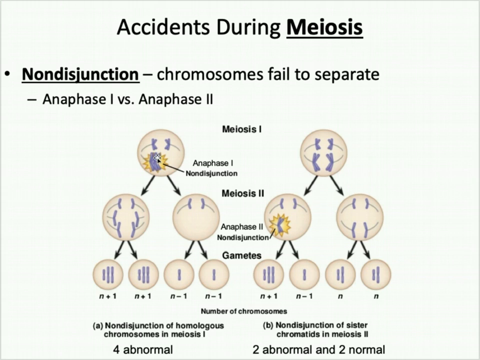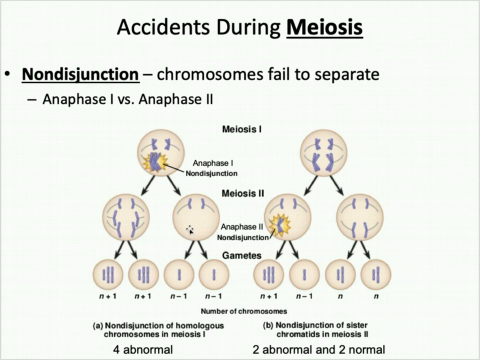Now it goes through Meiosis 1, it finishes, and it enters Meiosis 2. These chromosomes will go to this daughter cell, and this chromosome will go to this daughter cell. In Anaphase 2, all the chromatids separate properly, but you have extra chromosomes in this daughter cell, whereas you're missing 2 chromosomes from this daughter cell.